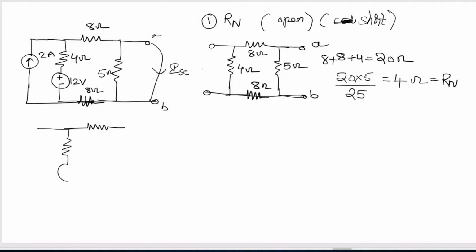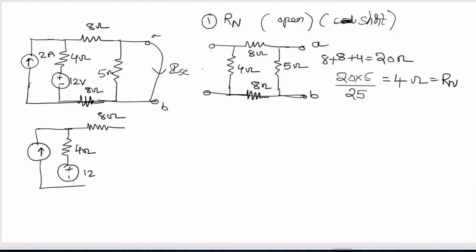That means if you are able to find the current in this 8 ohms resistance, that is your ISC. I have not written this 5 ohms because the current coming from this 8 ohms will see this short circuit path, and the entire current will go into this. So no current will go into this 5 ohms resistance.